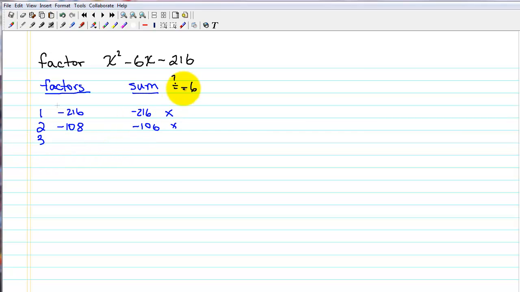Now you can use a calculator, but if the digits add up to a number divisible by 3, then the whole thing is divisible by 3. So this adds up to 9, which is divisible by 3, so we get negative 72. Again, just use a calculator. Just start dividing by 1, 2, 3, 4. Keep going until we find our answer. So here we get negative 69. That's not negative 6.